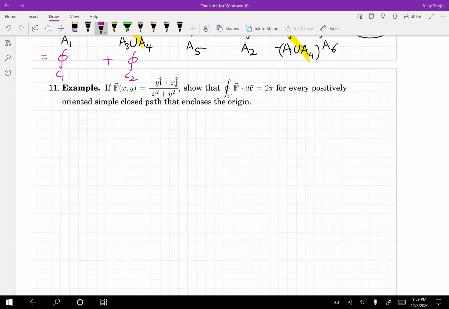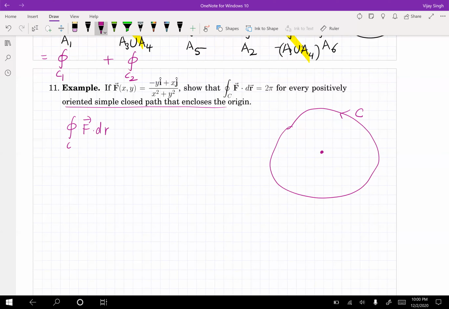We want to show that if you take any positively oriented simple closed path enclosing the origin, call it C, then the integral of F dot dr equals 2π.